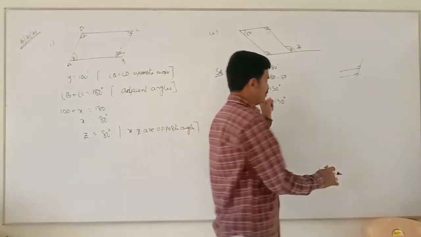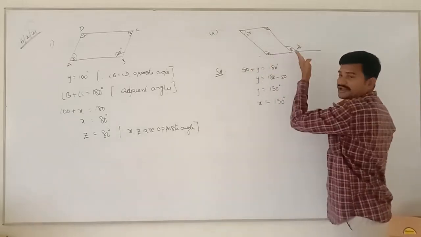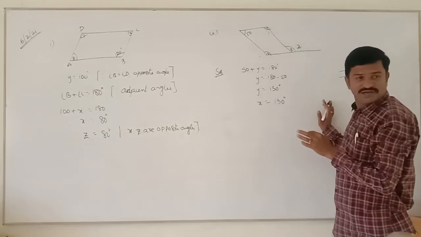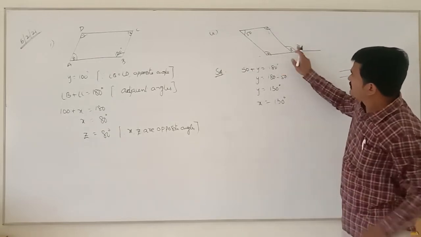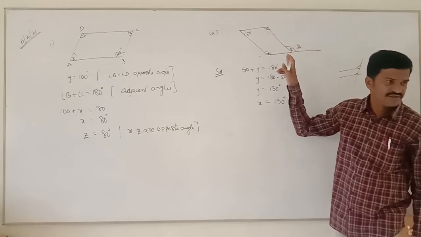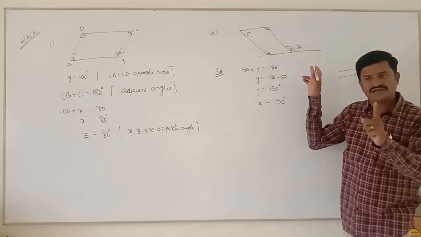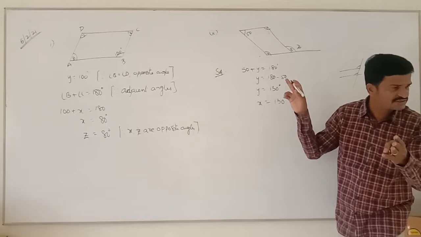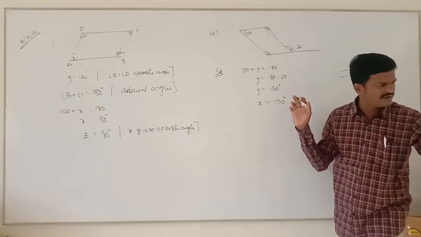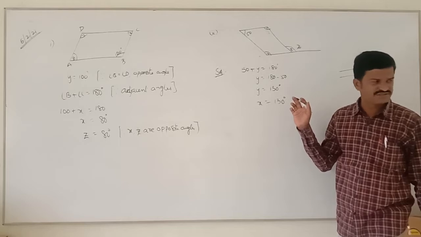So here also, look at here. This and this are parallel. This is the transversal. Then this angle and this angle are corresponding angles or not? Yes, sir. One interior angle and one exterior angle which are on the same side of the transversal are called corresponding angles. I think you might have learned in your 7th class and 6th class.